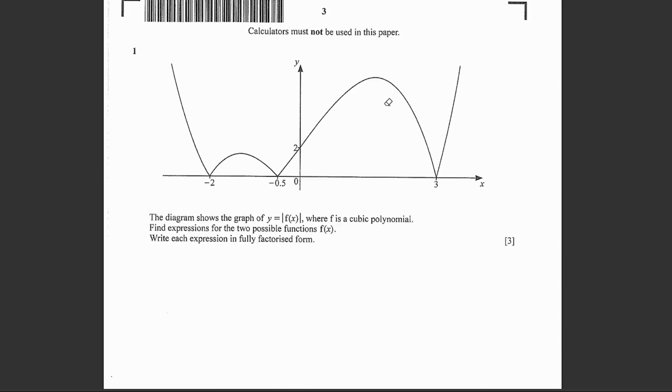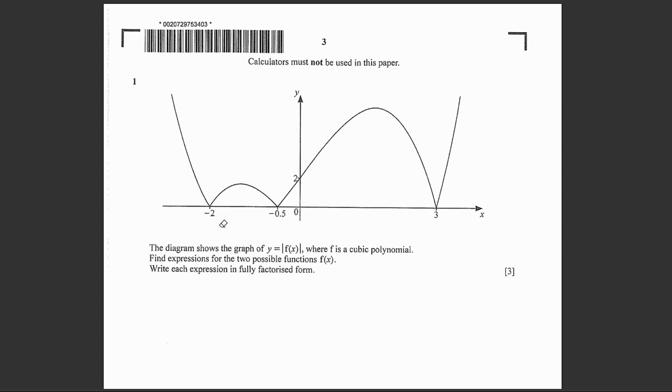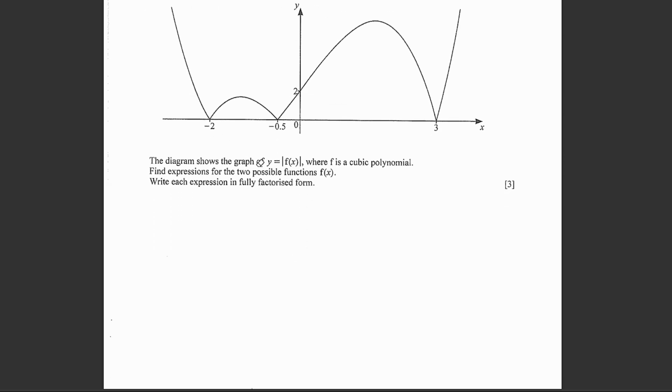Okay, so Paper 1, polynomial question. We want to find the equation of this cubic polynomial. First thing you notice is a modulus. So f(x) will have two possibilities, plus or minus, because there is a modulus in there. And then we also have the roots: x equals negative 2, x equals negative 0.5, and x equals 3.